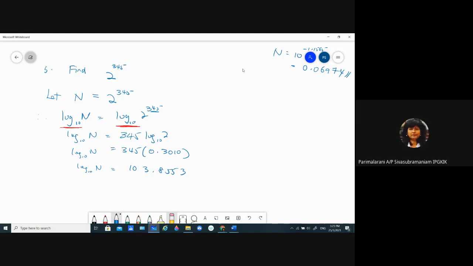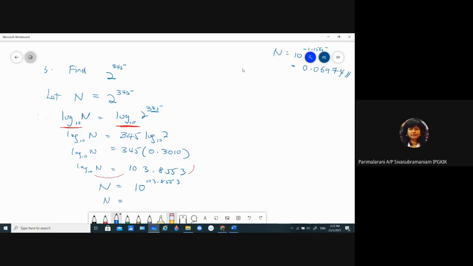This is now we are back at the definition of log. So therefore n is equals to, this one will go here and this one will go to the power. So n is equals to 10 to the power of 103.8553. Can you find this in your calculator? No. Still. Can or not? No. Cannot. So what do we do now?